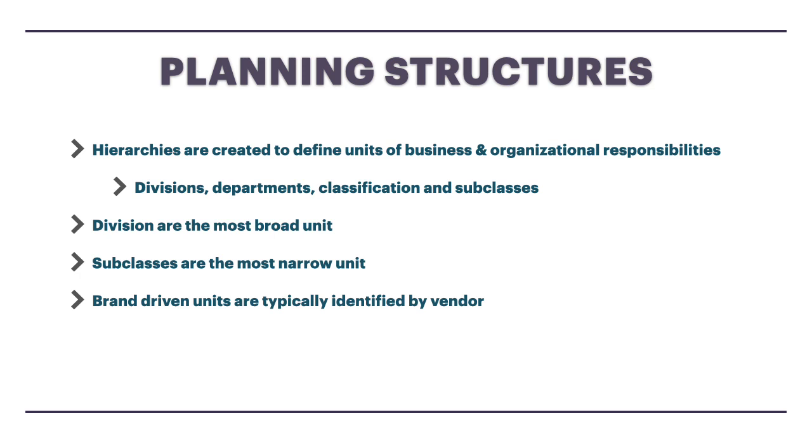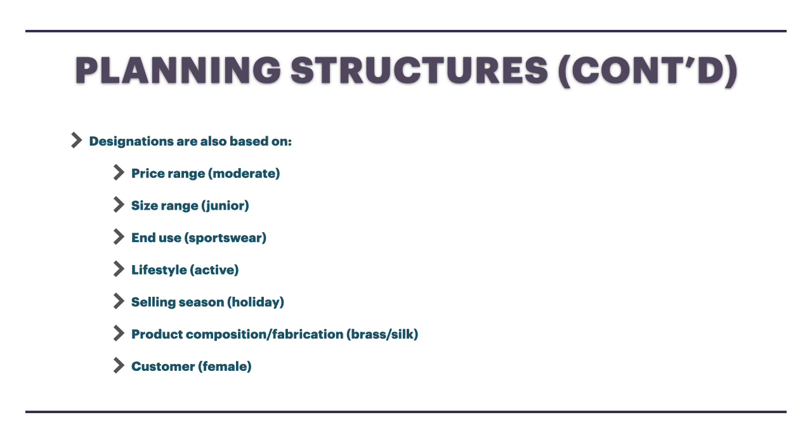Brand-driven units are typically identified by the vendor. The designations of planning structures include price range, such as moderate, size range, such as junior, in use, such as sportswear, lifestyle, such as active, selling season, such as holiday, product composition or fabrication, such as brass or silk, and consumer, like female.